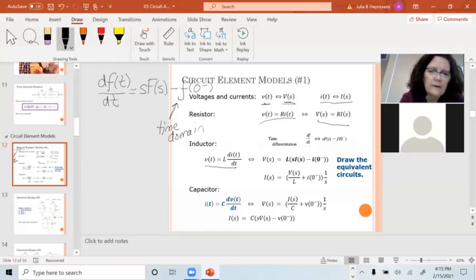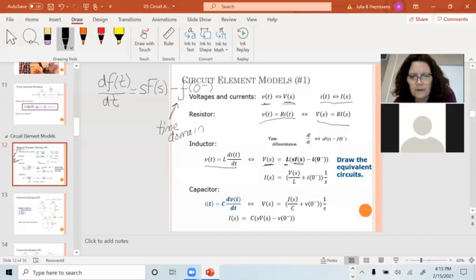So if I have an initial energy stored on that capacitor or that inductor, I'm going to have to model that somehow. So I start out with V of t is L di dt, and I transform that to V of s. Well, I've got the L out front, so I got to multiply the whole thing by L. And then I've got to multiply the function I'm taking the derivative of by s.